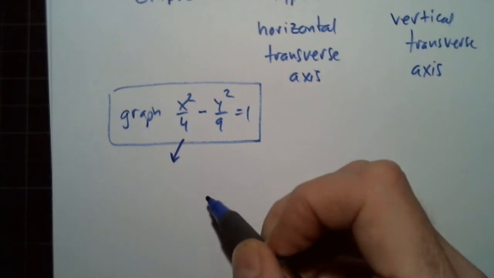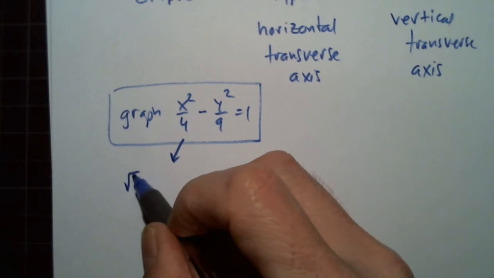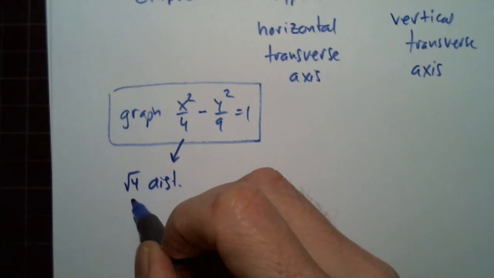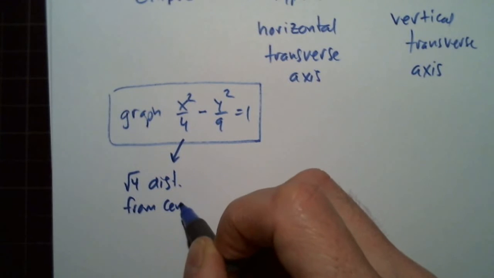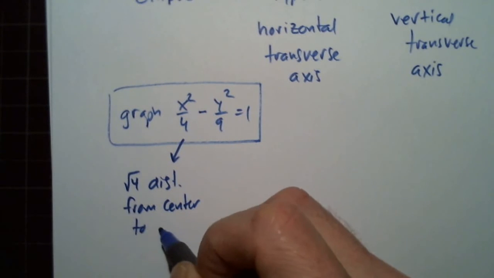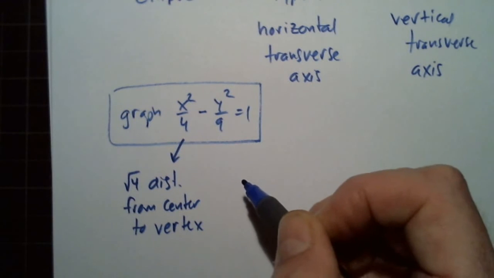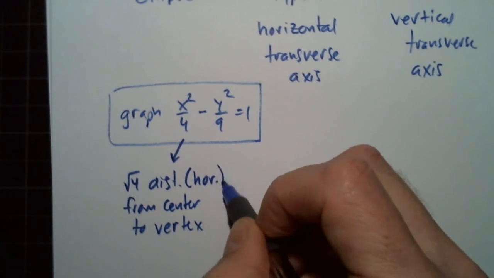Alright, so just like with the ellipse, the square root of 4 is the distance from center to vertex, horizontal distance.